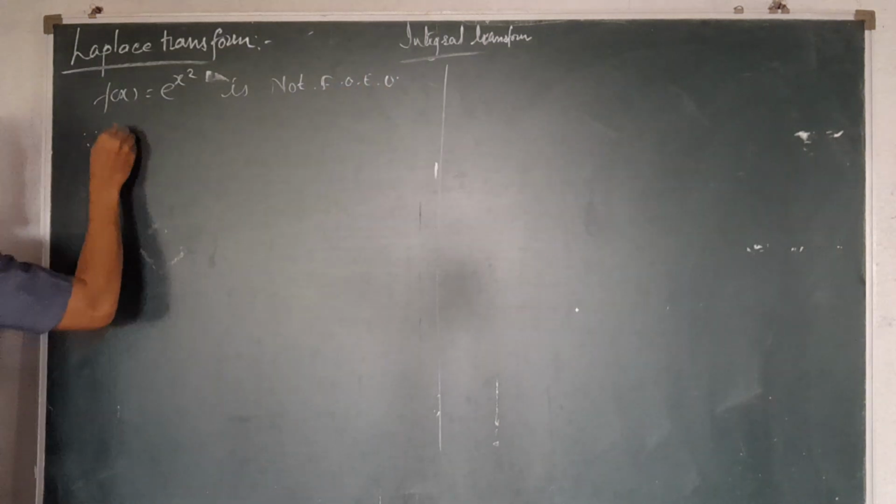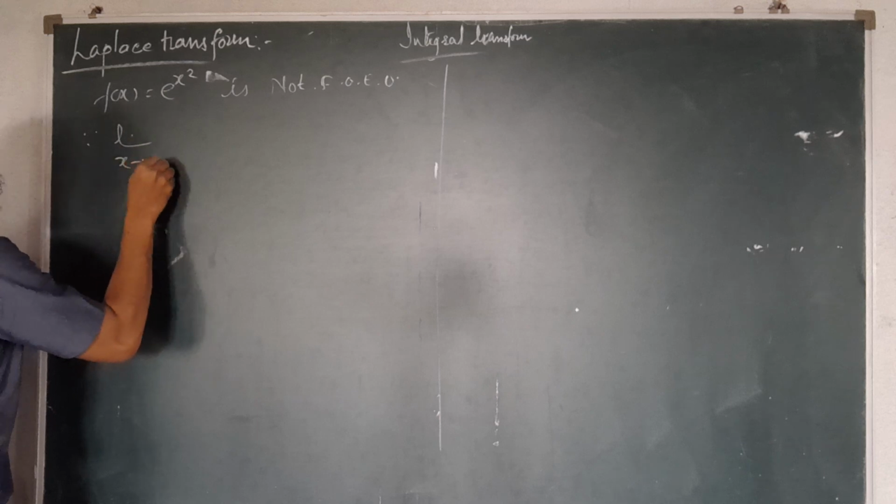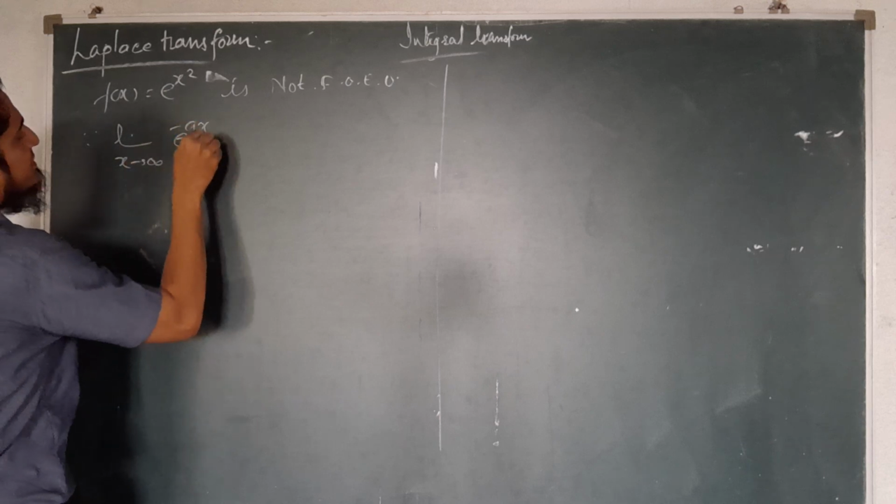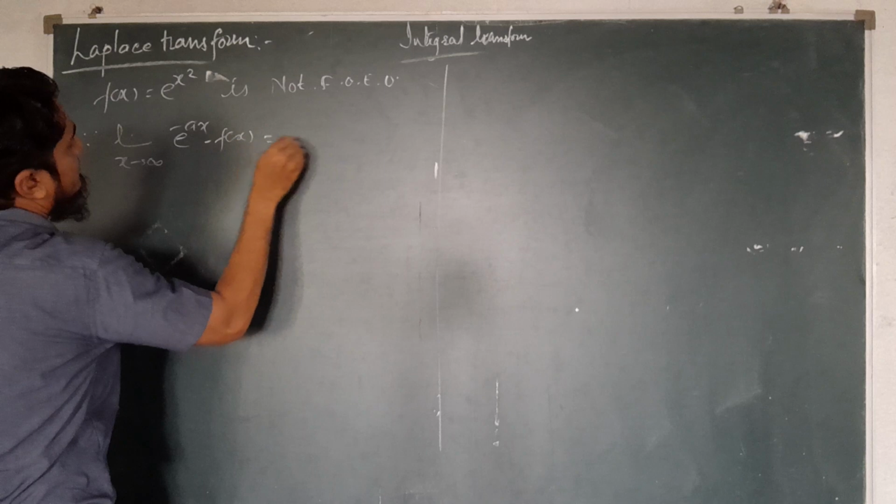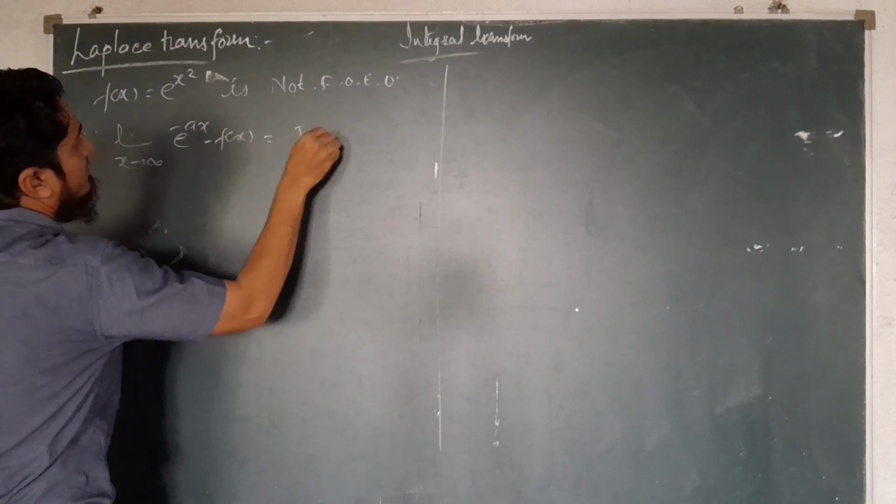Since we know the definition, the limit as x tends to infinity of e raised to minus ax into f of x is equal to a finite number.